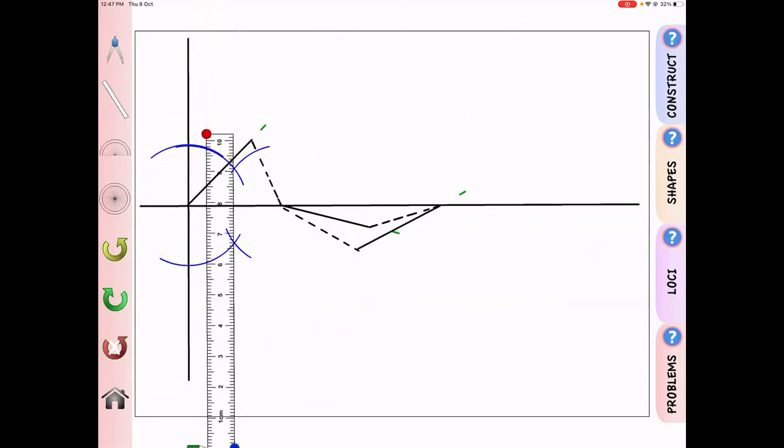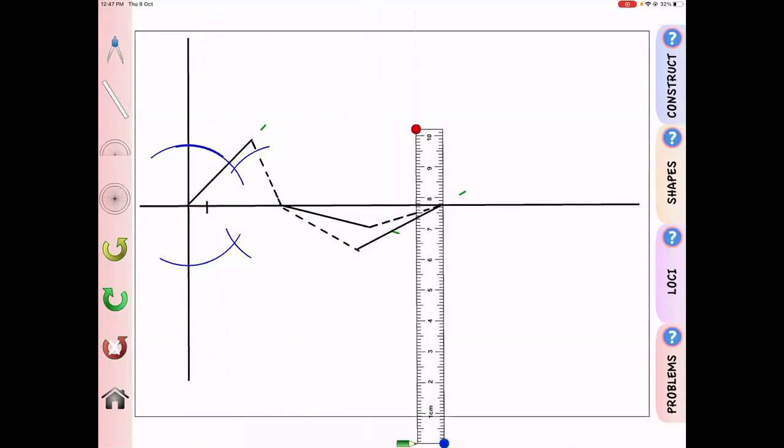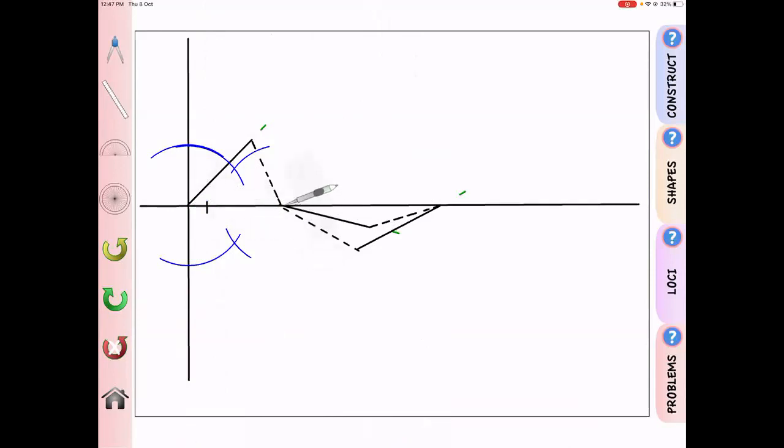So we got the midpoint here, and now we need to draw the midpoint of C2, C3. Okay. Take it here.